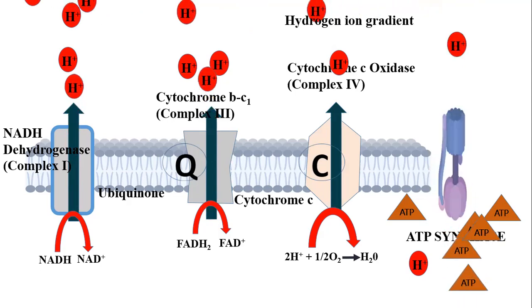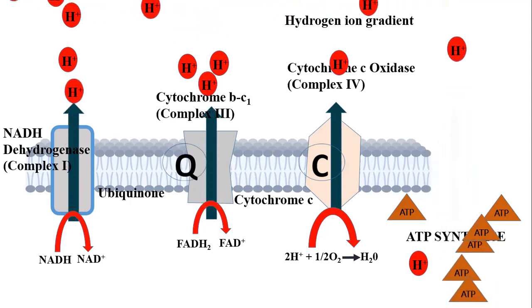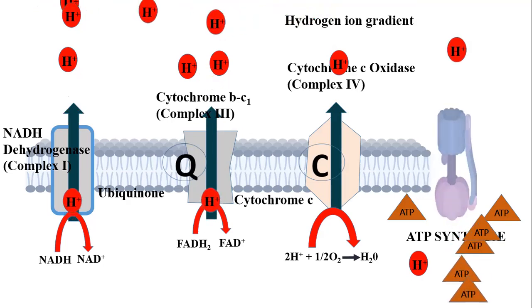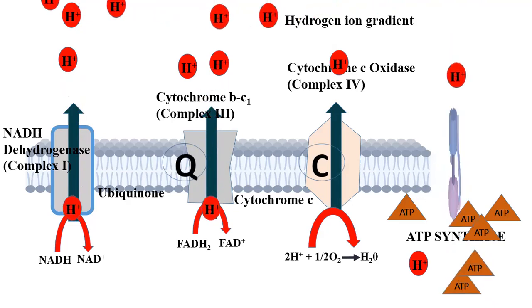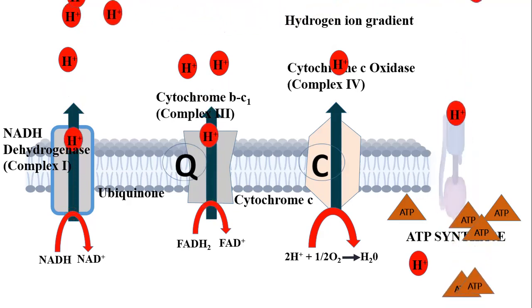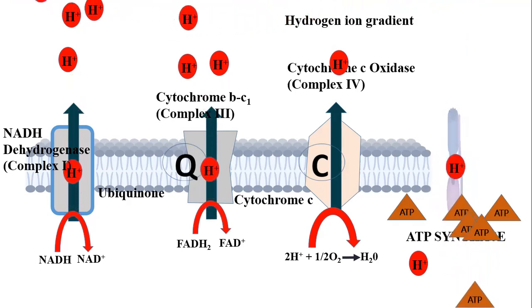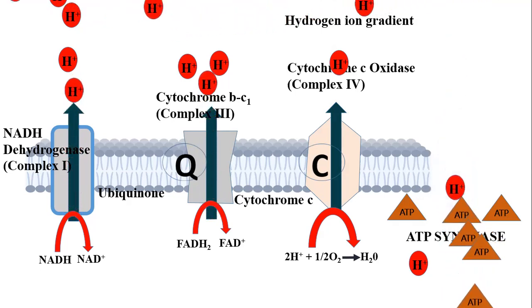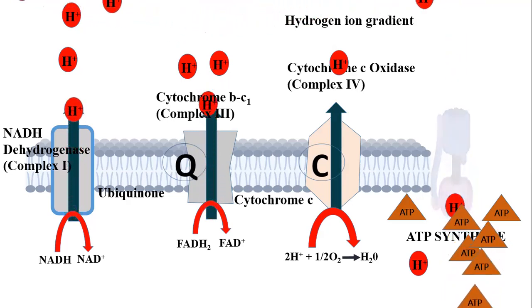And this pathway is very, very important because a deficiency in this pathway can lead to lactic acidosis, or at some other time it can lead to Parkinson's disease. So the functionality of this particular pathway is very, very important to the cell for the full generation of ATP in the cell.